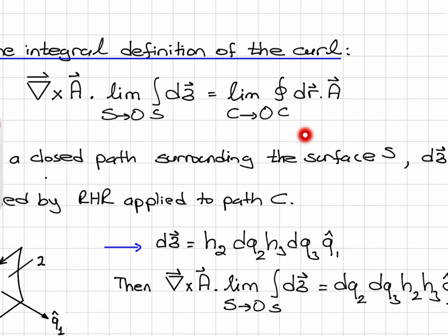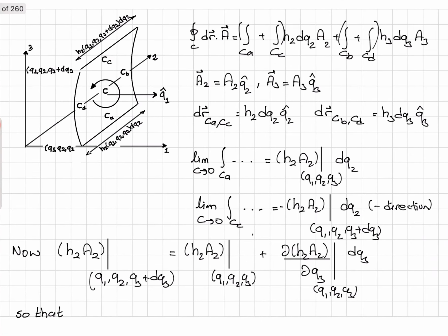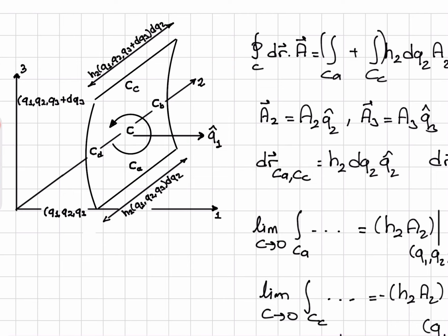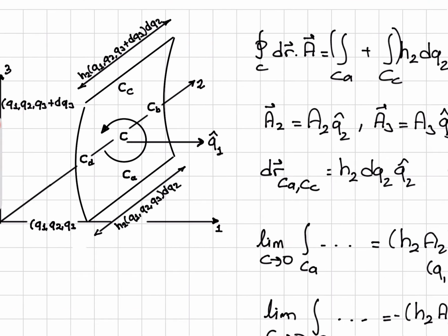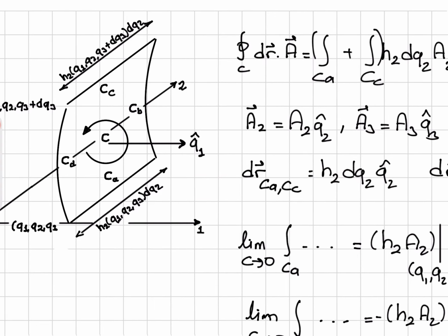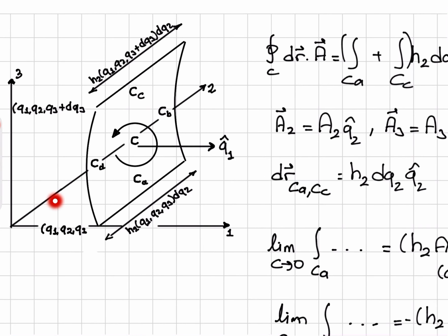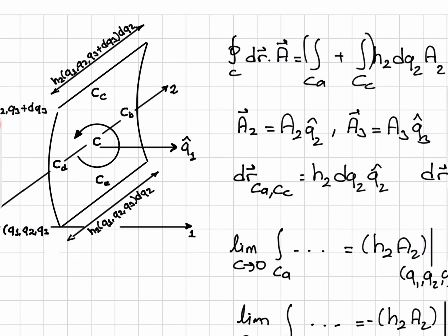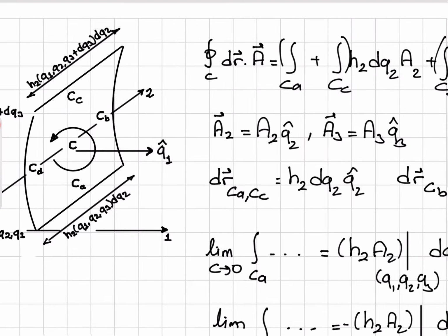Looking at the right-hand side of this equation, we have to evaluate A dot dr along this path. If I go over the CA and CC sections, because I'm moving on the two axes, I would be dealing with h2 dq2, which is my dr on that axis, multiplied with the second component of the vector field A, A2.